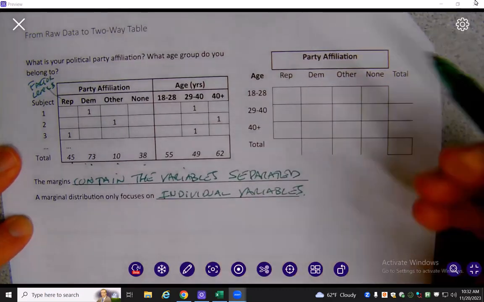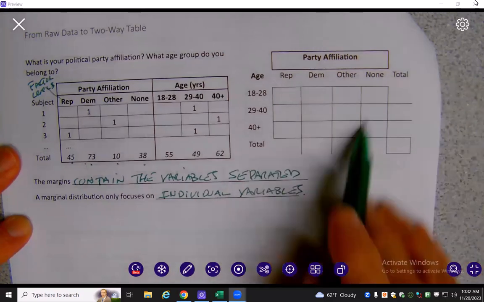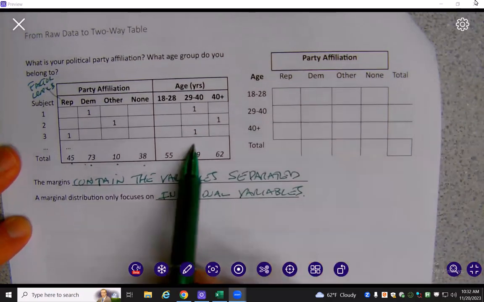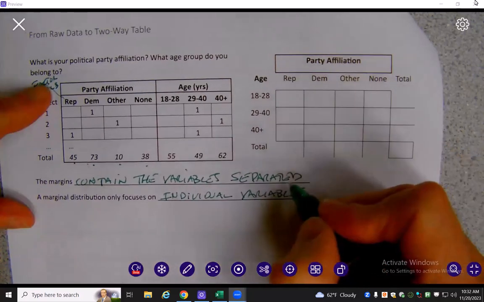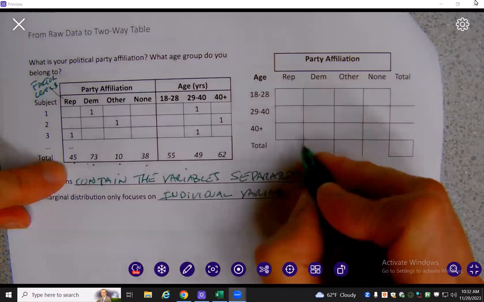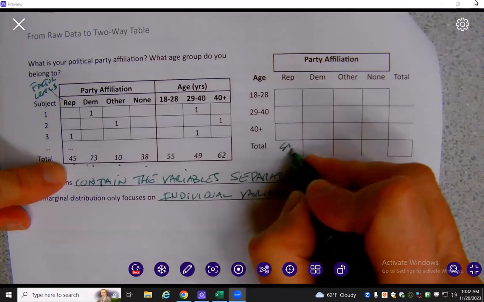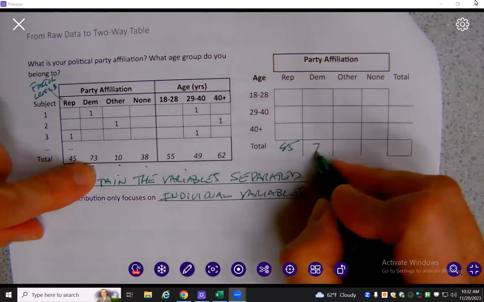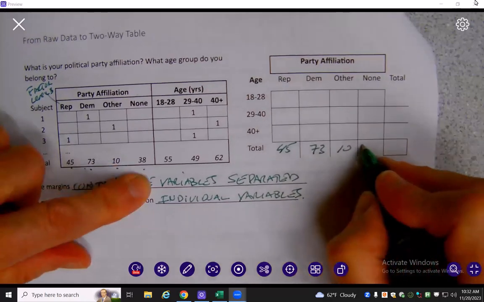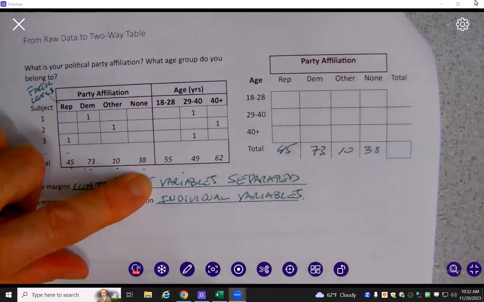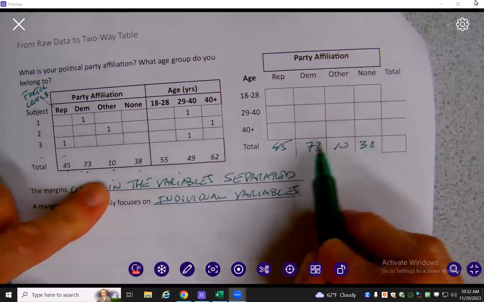So for example, if I had to fill out this table here, the only thing this information gives me are the totals. For Republican, all I know is that there were 45 Republicans, for Democrat there were 73, other were 10, and none were 38. So these numbers go right here on this table.